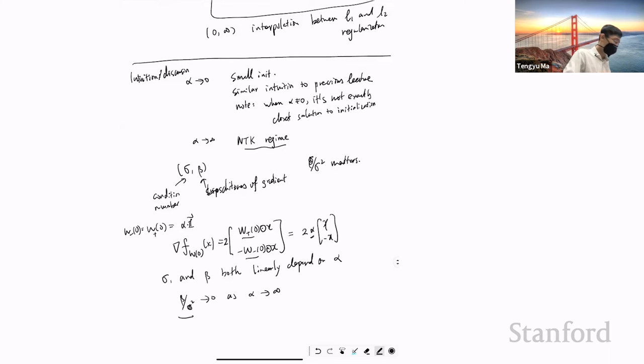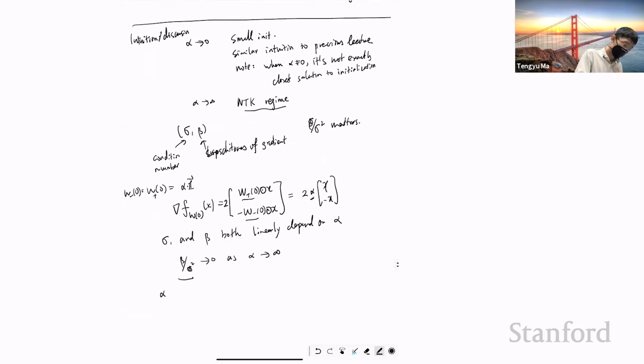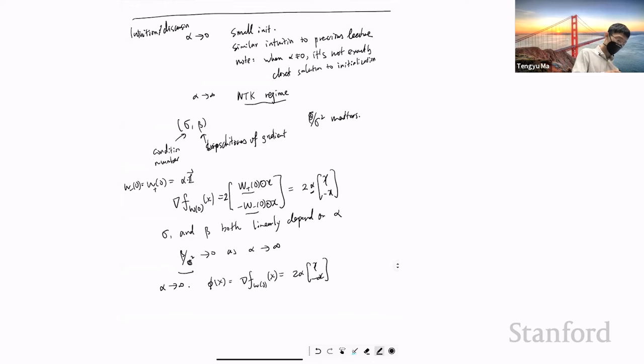Also, when alpha goes to infinity, this is the NTK regime for the trivial feature, because the feature map phi of x is literally just this. It is the trivial feature, because the only thing you did is flip the x, which doesn't make any real difference. So basically you get the minimum norm solution.